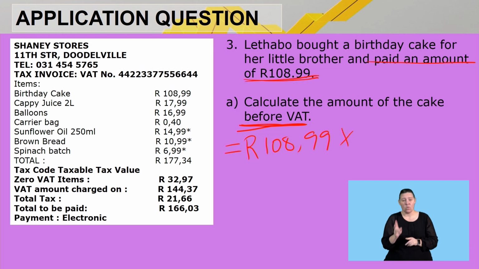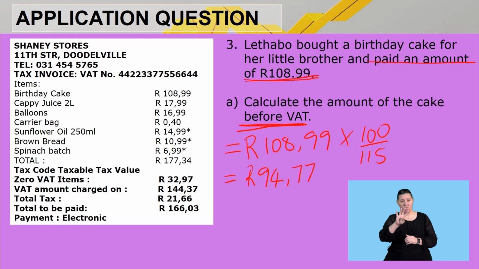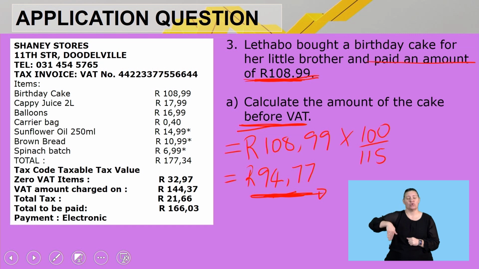So we are going to multiply by 100 over 115. So before VAT, this birthday cake was 94.77. VAT has already been added to the price she paid, that is why it appears to be more. It's less because VAT was not yet added on it.